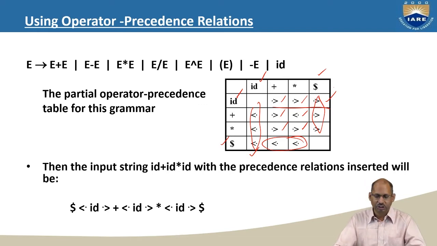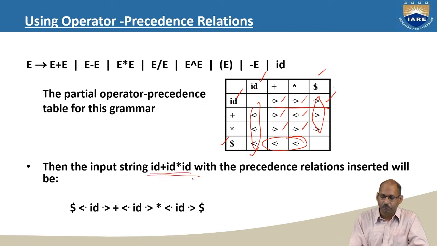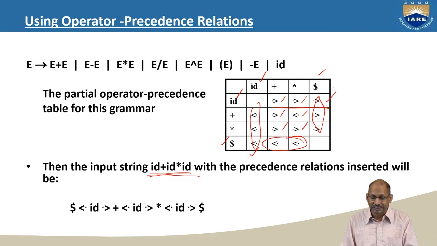Then the input string id plus id into id, with the precedence relations inserted, will be in this form. Dollar sign is less than id, id is greater than plus, plus is less than id, id is higher precedence than multiplication, multiplication is less than id, then id is higher precedence than the dollar sign.